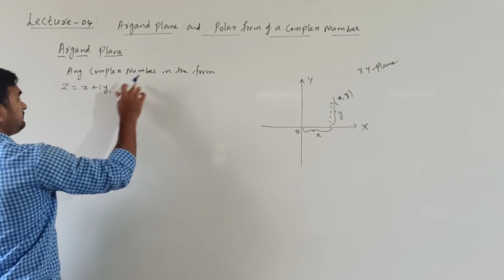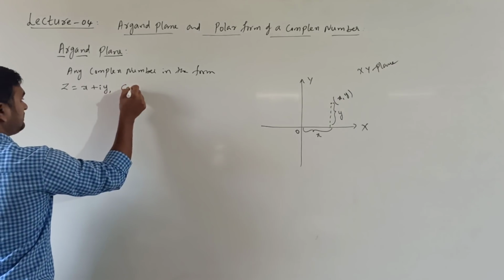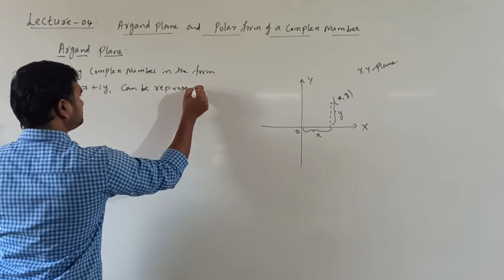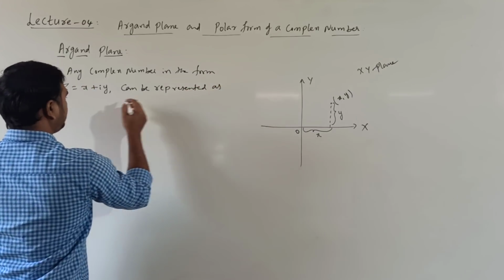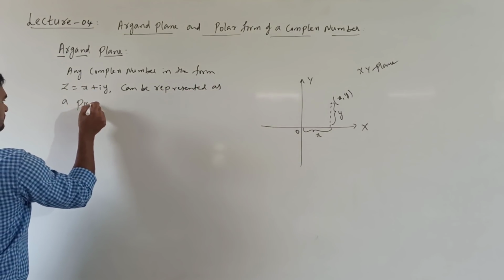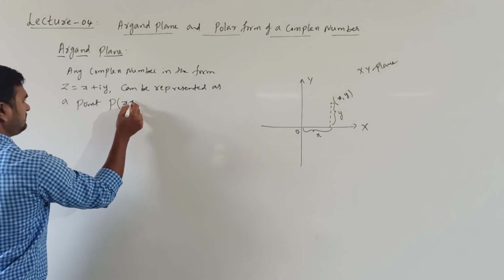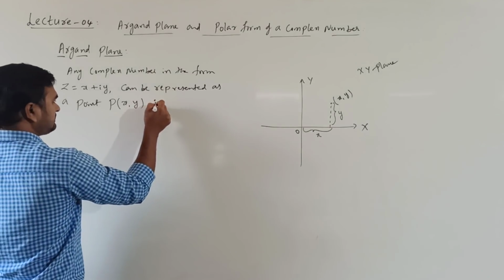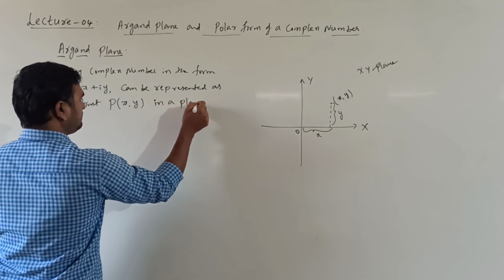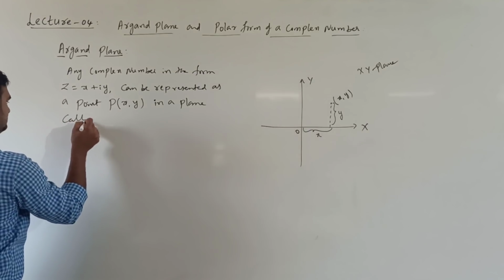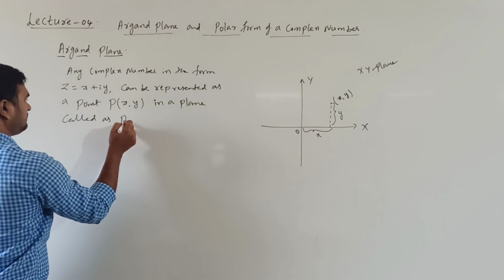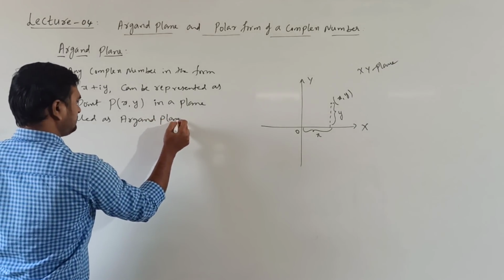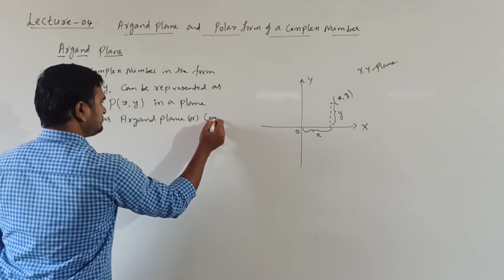Any complex number in the form z is equal to x plus iy can be represented as a point P(x, y), where x is the real part and y is the imaginary part, in a plane called the Argand plane, also called the complex plane.